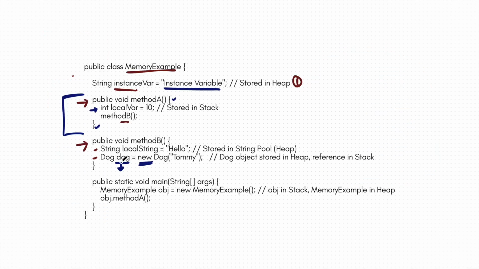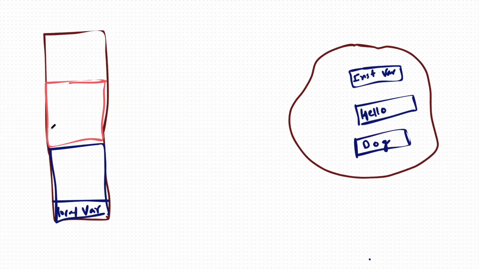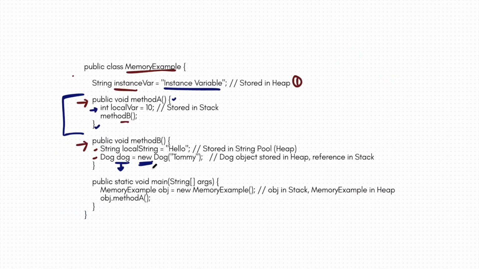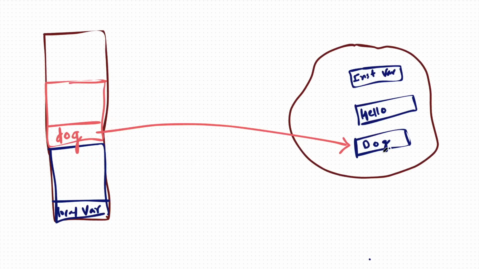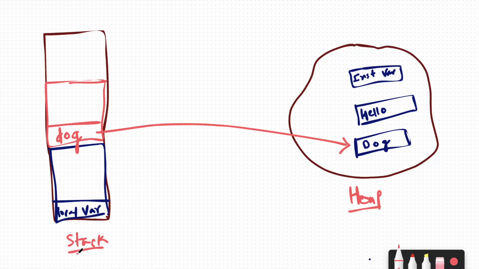And this dog will be created here in method B. This dog is actually referencing this dog, because this dog is an entire object and this dog is just a reference to the object. So the object is always created in the heap memory and the reference is always stored in the stack memory. This is how it works.